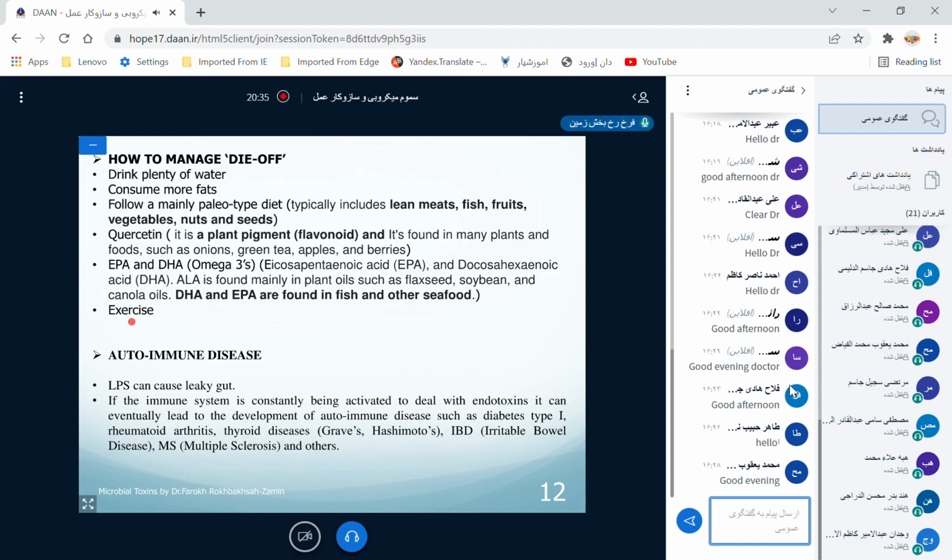Some people in different cases have many problems with gram-negative bacteria. And accordingly, they go to a physician and use antibiotics, and if they are alive, they can kill them. But when they kill the gram-negative bacteria, plenty of endotoxins are produced in their bodies.